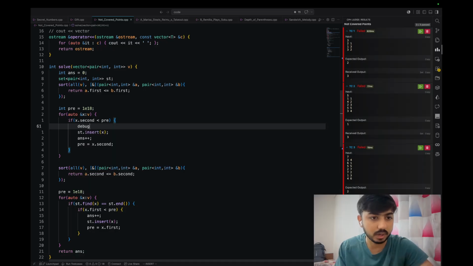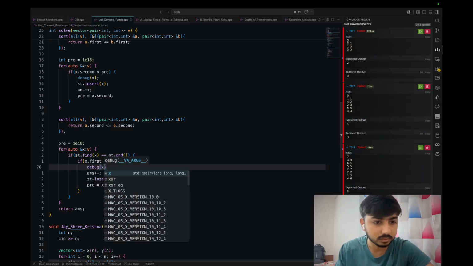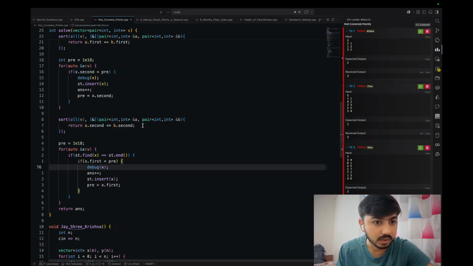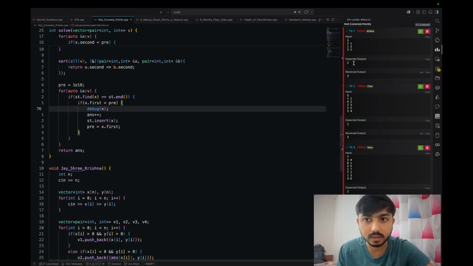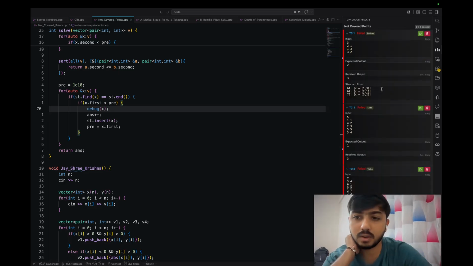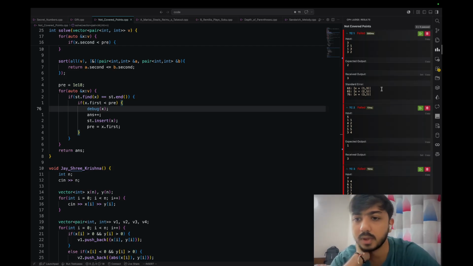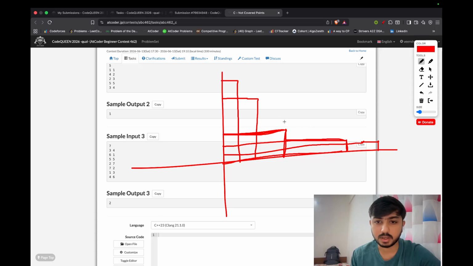What we can do is print X, but first X, but second, yeah, that's fine. Let me run it: 1, 3, 2, 1, and 3, 2. Okay, so it's saying we have picked 1, 3.